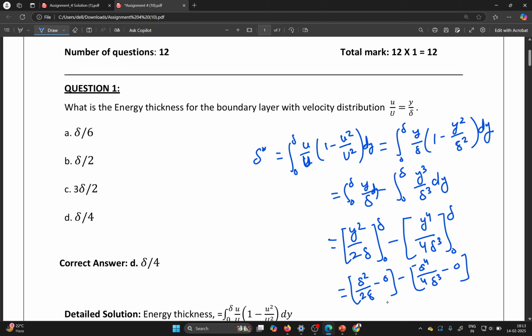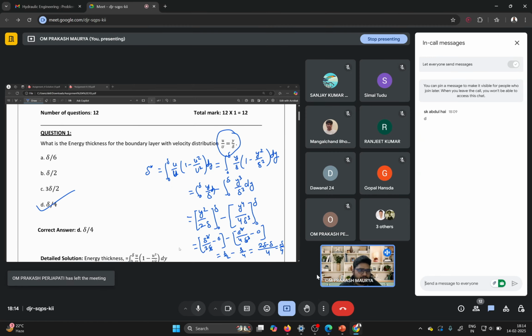So here delta will cancel out, delta by 2 minus delta by 4, so you will get delta by 4. Here you can take 4 as common, and this is 2 delta minus delta, so it will come delta by 4. So option D will be correct. Like that you will calculate your energy thickness for a given distribution. So remember always, please. Hope everyone got it.